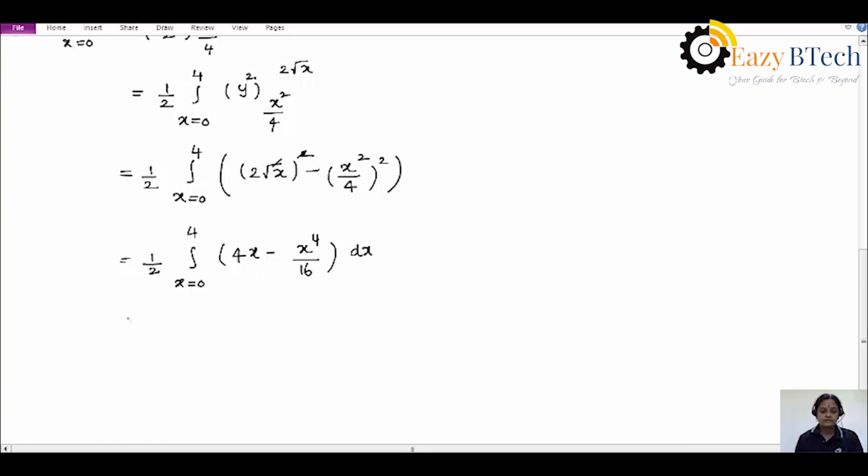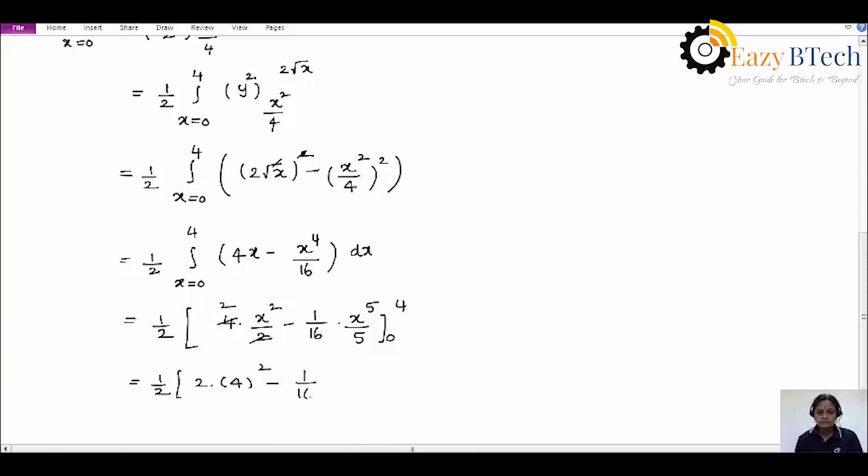So now doing the integration with respect to x here. For 4, x integration is x square by 2, and 1 by 16 x power 4 integration is x power 5 by 5, 0 to 4. Substitute the limits, students. 1 by 2, and here 2 into 4 square minus 1 by 16 into 4 power 5 by 5.